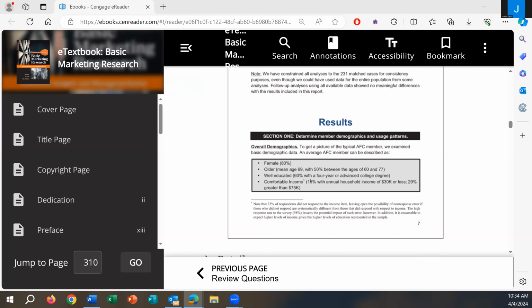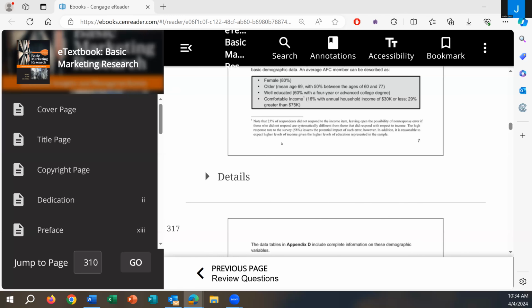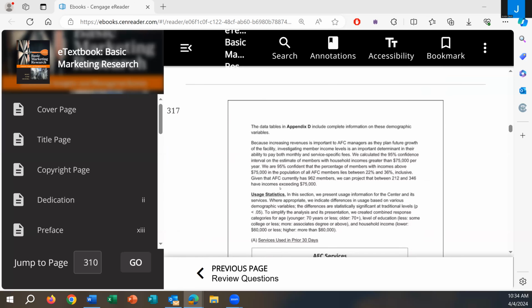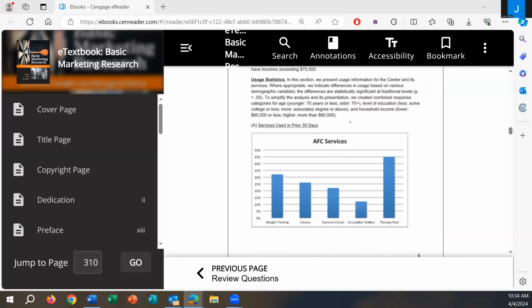In this particular case, it was 80% female. The age ranges, how educated they were, and income level as well.